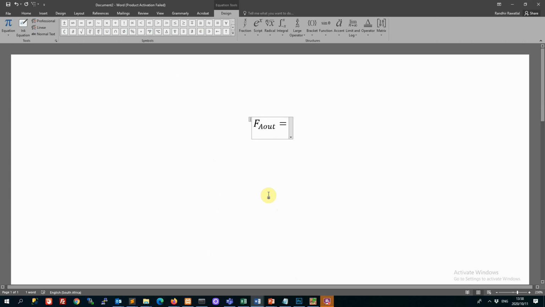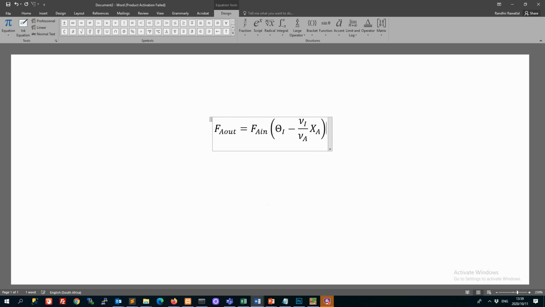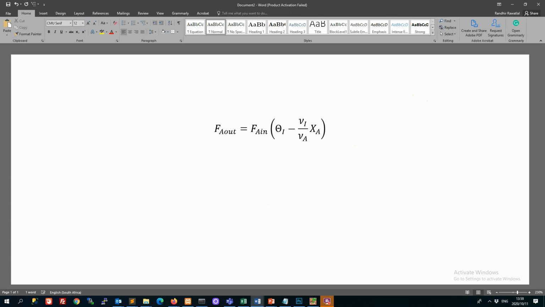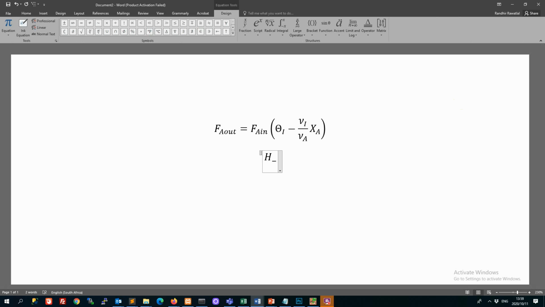FA out is FA in, and then times theta sub I minus nu sub I over nu sub A, X sub A. Right, so that's our general expression, and now what we have is H sub A in F sub A in minus H sub A out F sub A out.